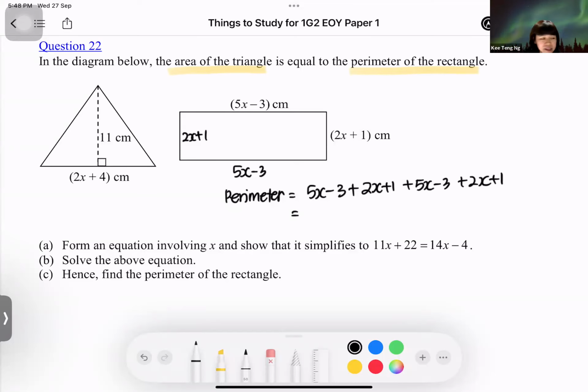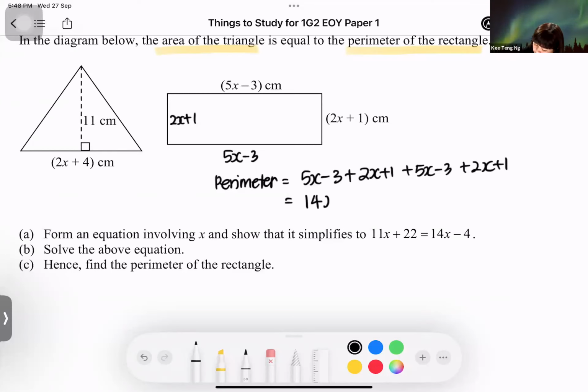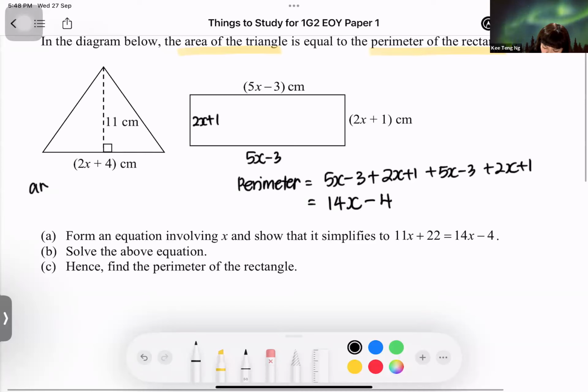Quick, anyone tell me the answer? 5x plus 2x is 14x? Minus 3 plus 1, negative 2. Minus 3 plus 1, minus 4. Is it correct? Yes.